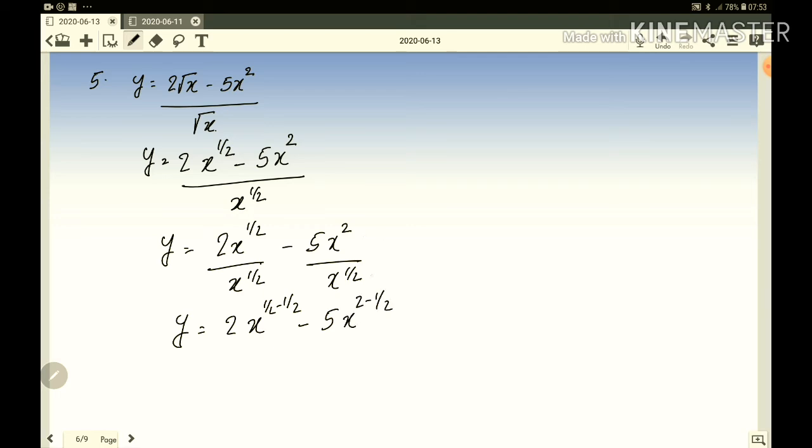When we are dividing exponentials with the same base, powers will be subtracted, you know that. So y is equal to 2 times x to the power 0 minus 5 times x to the power 2 minus half, that is 3 over 2, isn't it? 2 minus half is 3 over 2. Right. Now you have to differentiate. It is ready for differentiation.